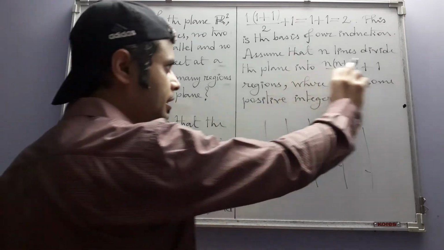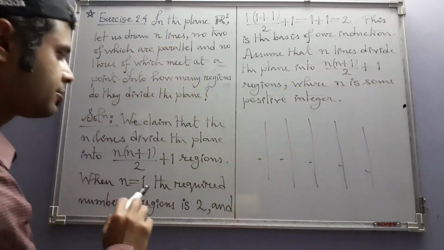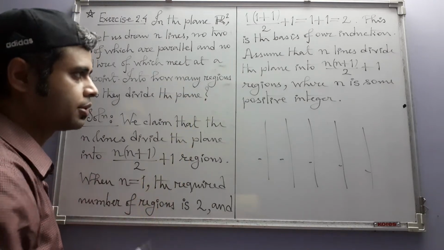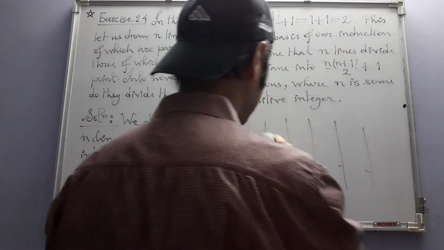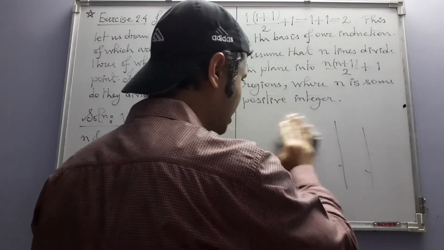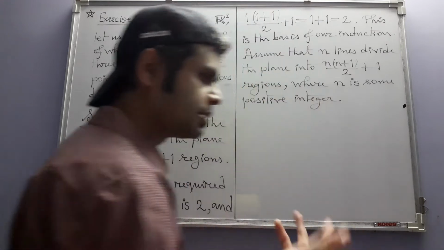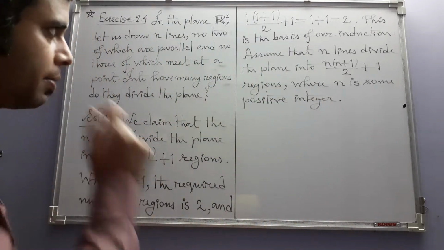But these n lines mean n lines drawn with these conditions in mind. Because whatever we are writing is within the solution, we are not again explicitly mentioning the conditions.